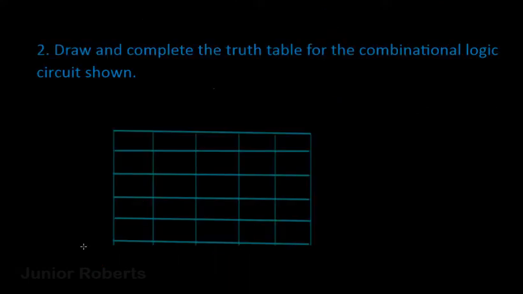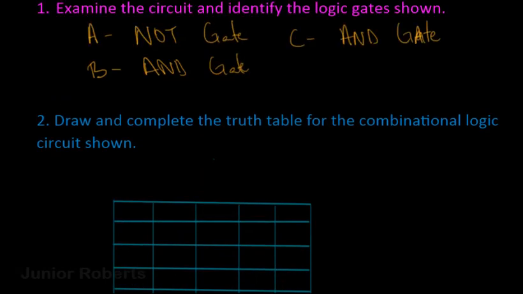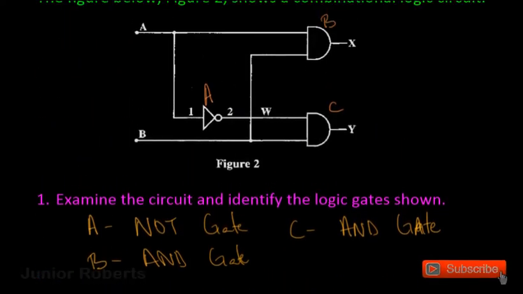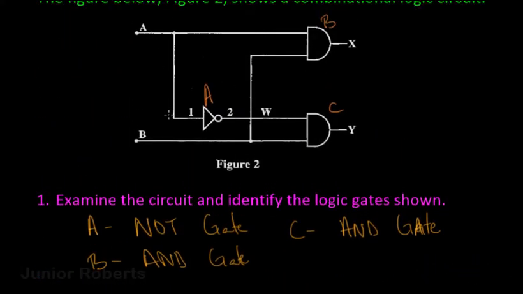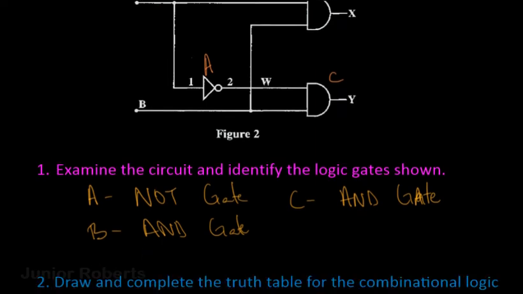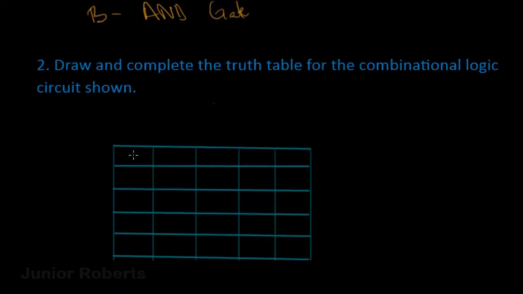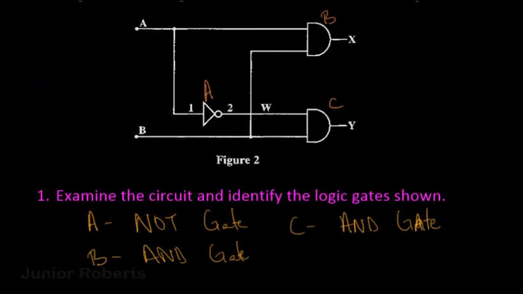Okay, so this is my table drawn up, and I'm going to start to fill it out. But let me take a second look at the circuit. We have our input A and B, so I'm going to fill those out first. Those are our primary inputs.